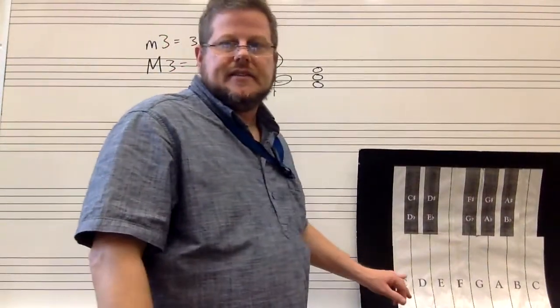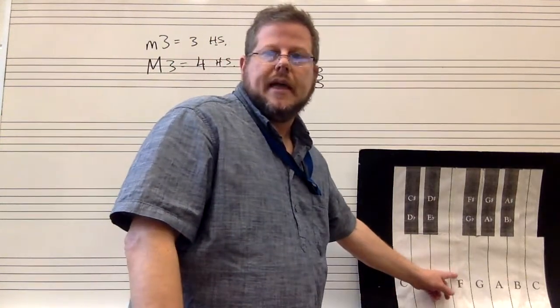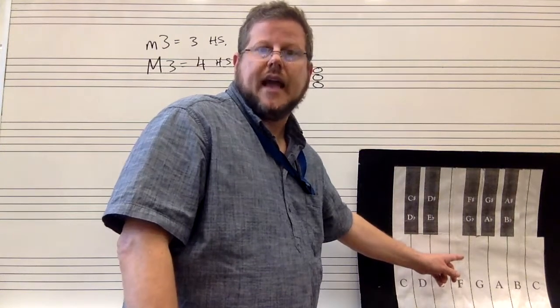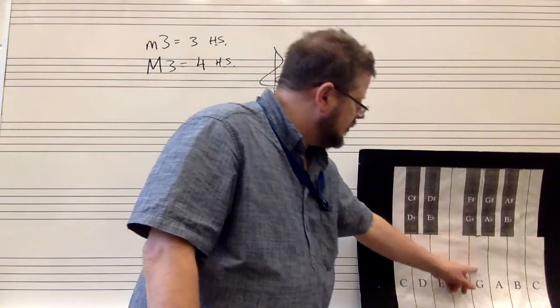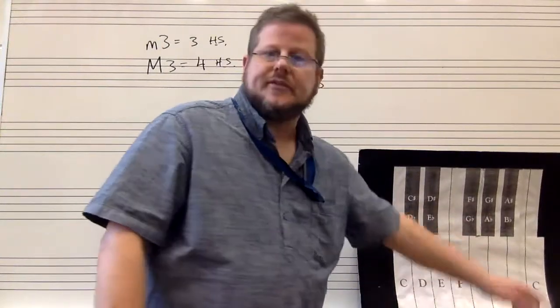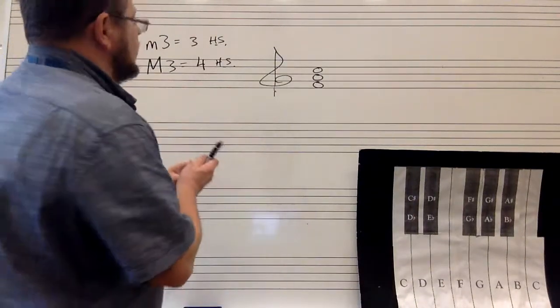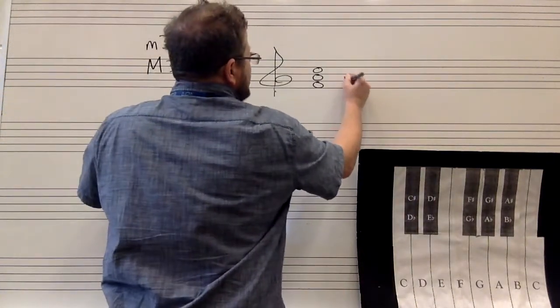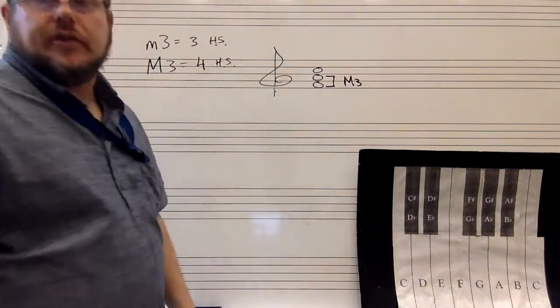If we're counting the distance between the notes, F is 0 because we're counting half steps now. So 0, 1, 2, 3, 4. F to A is a 4 half step interval. So that puppy is going to be called a major third. So this is a major third between the root and third.